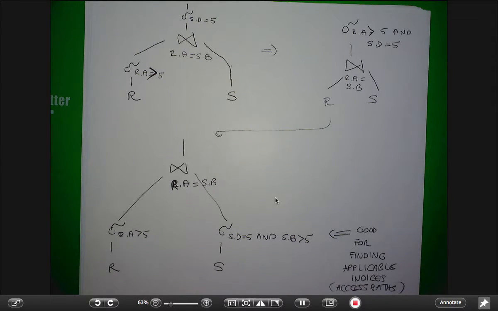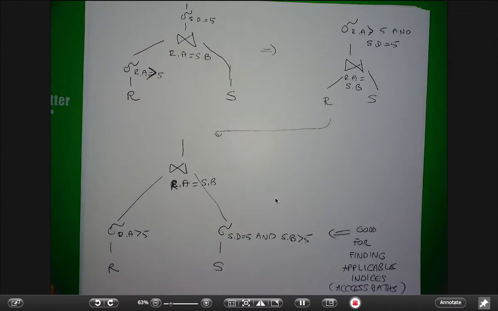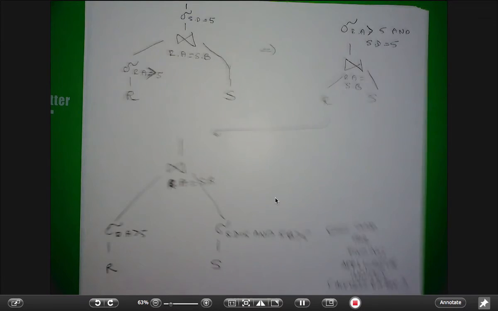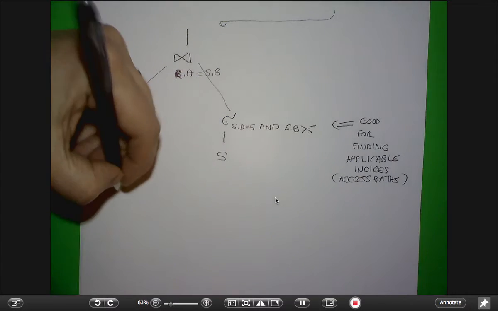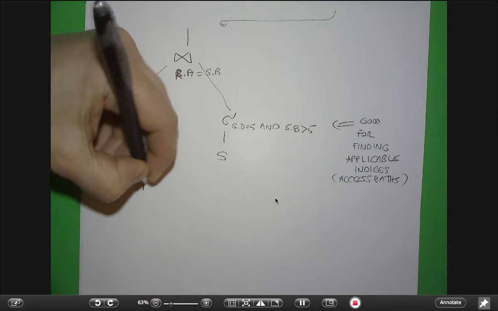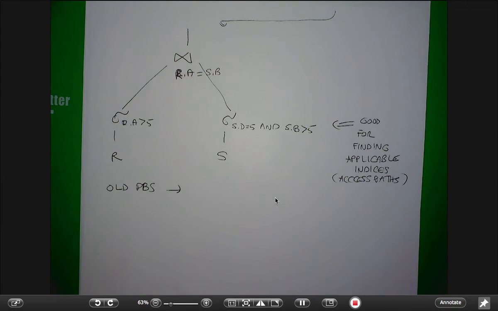So the thing that we can say is that pushing selections down used to be so important that almost always your database will push selections all the way down, okay? So old systems had a basic heuristic that said push selections down always.